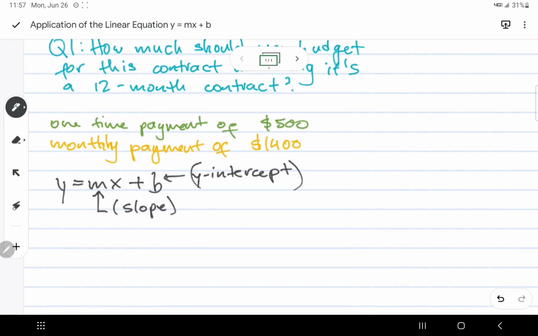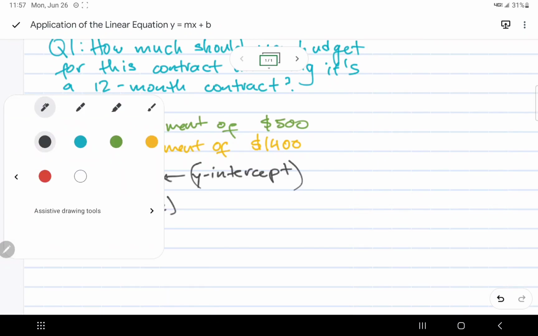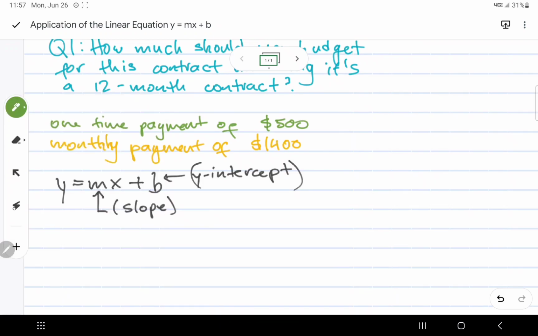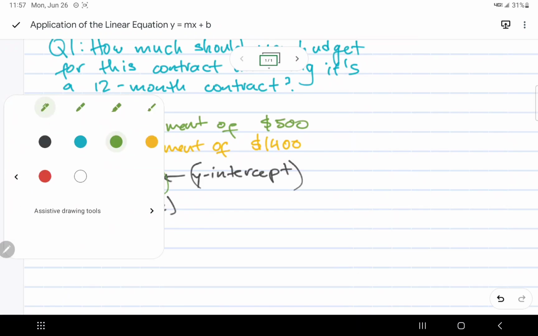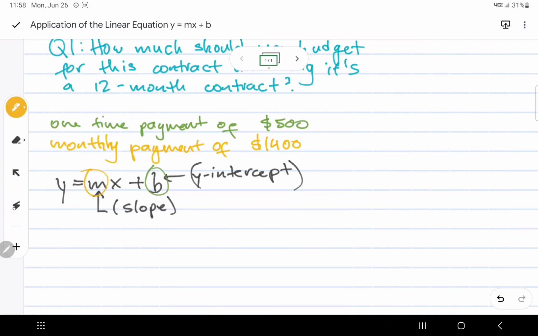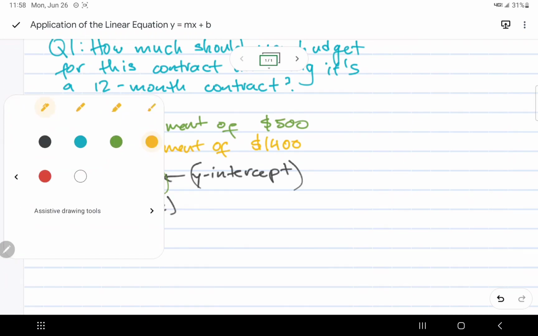Okay, so as you can see here, I'm gonna highlight these in the respective colors. The one-time payment is the b, and the monthly payment is this m. You see monthly payment m, so that would be a great way to possibly memorize it.